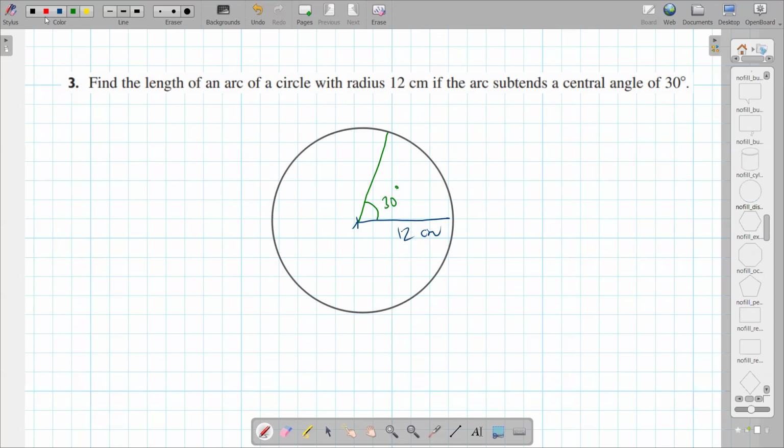The question is asking us, what is this arc length here? Arc length is a measure of circumference, a measure of distance. We're strictly concerned with the distance from this point on the circle to this point.